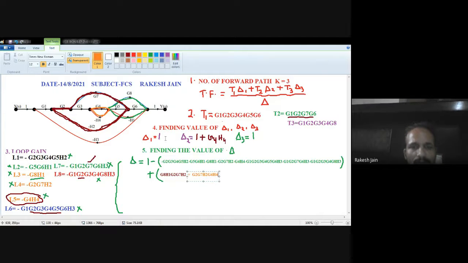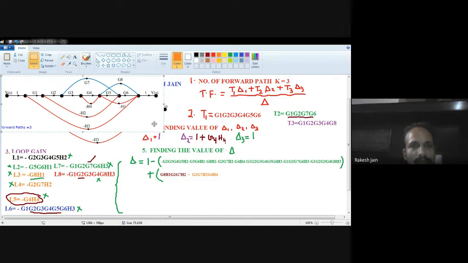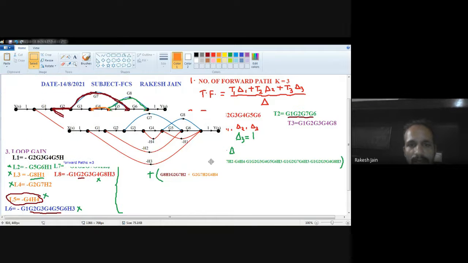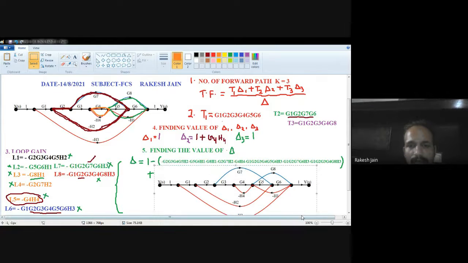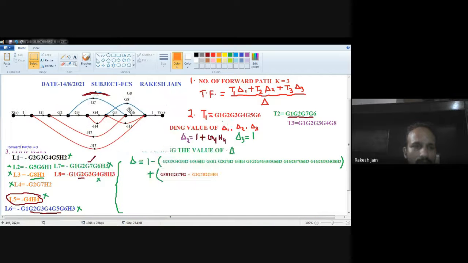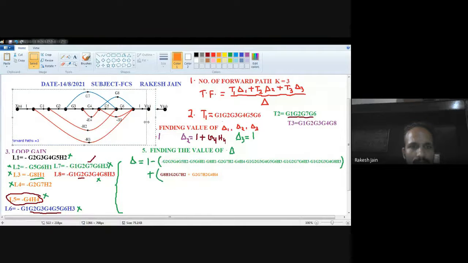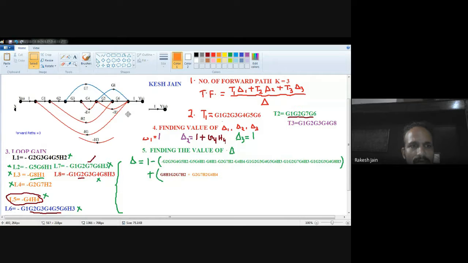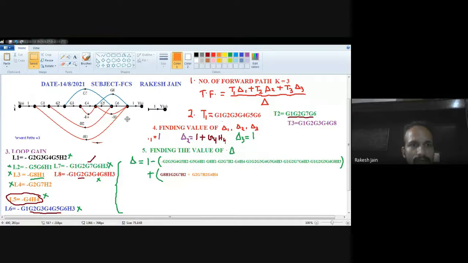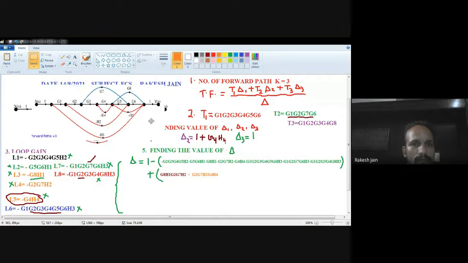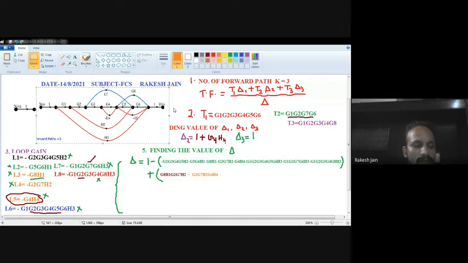Yes. See the loop fifth and seventh. Then after that, I will again remove this slide. Okay.